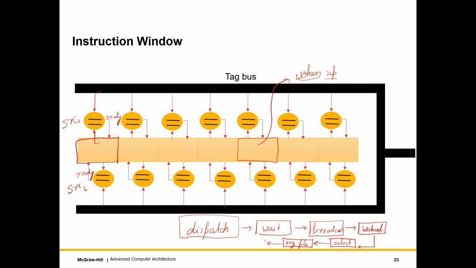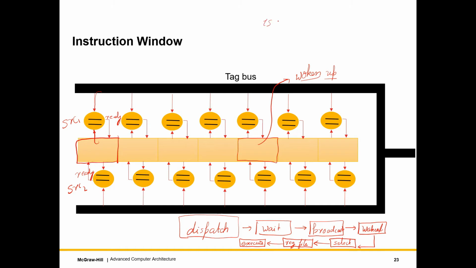Once that has been done, what do we do? Well, we don't know much, we just execute. So this process of waking up the instructions and sending them to the execute units is known as issue.